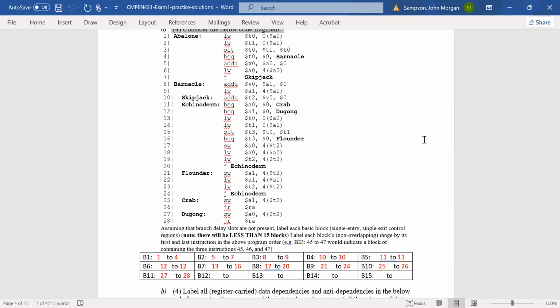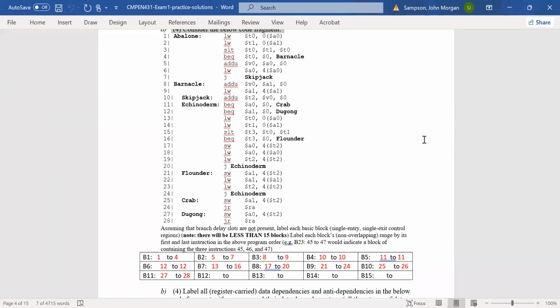And then 17 down to 20, at which point it then goes always to 11. 21 down to 24, at which point it always goes to 11. 25 to 26, where it just exits stage left.